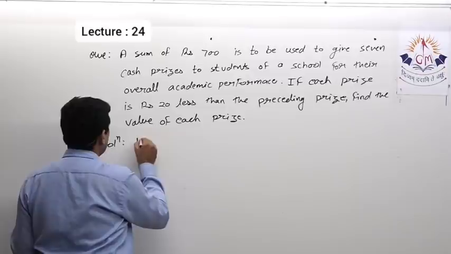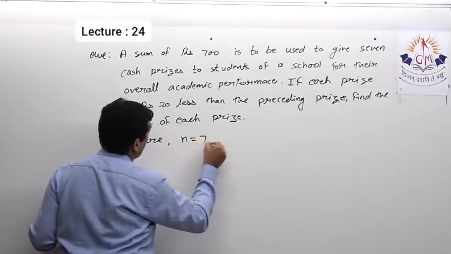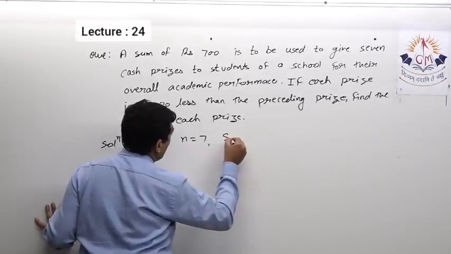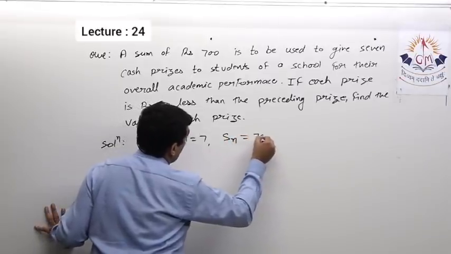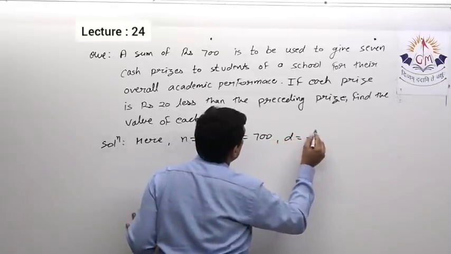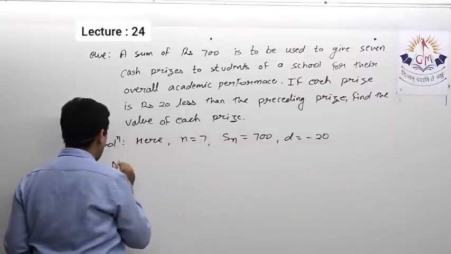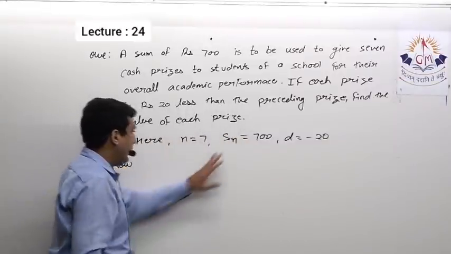So here N is equal to 7, S7 is equal to 700, D is equal to minus 20. Okay, so now we'll apply the formula of Sn.